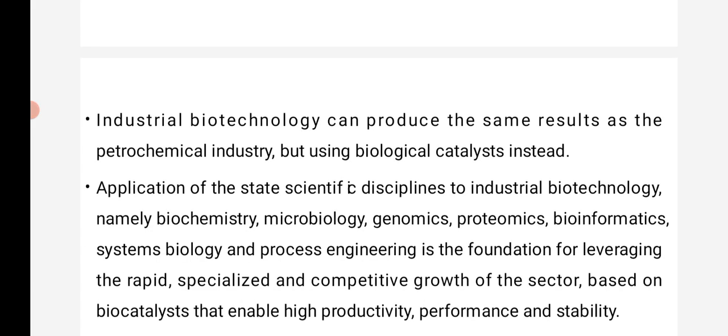Industrial biotechnology can produce the same results as petrochemical industries but using a biological catalyst. As you already know, a biological catalyst is nothing but an enzyme. What is the enzyme's role? It increases the speed of the reaction.